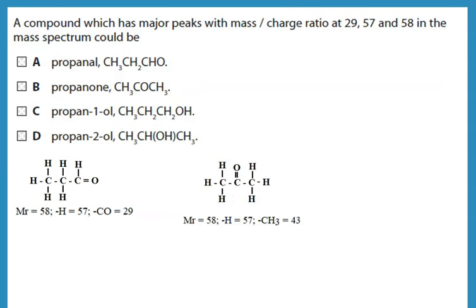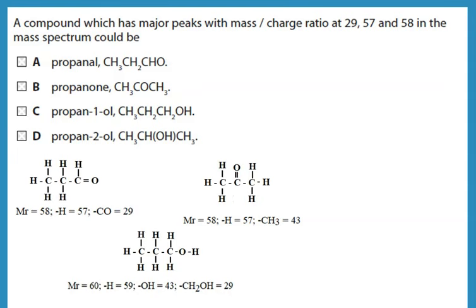If I look at propan-1-ol, propan-1-ol is drawn like this: 3 carbons with an OH, and H's are around. So the molecular mass of that is 60. Again, if you look at the different fragments that it could form, there is no way that it will give 58.